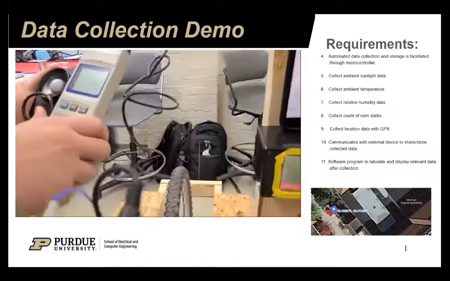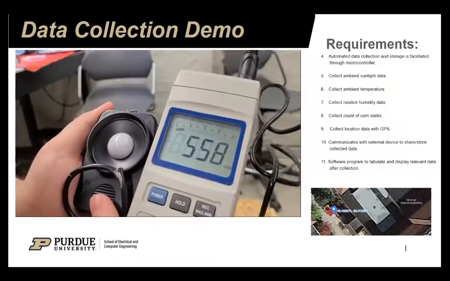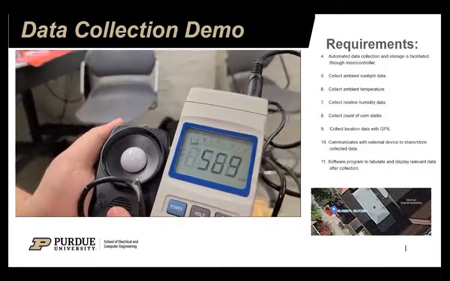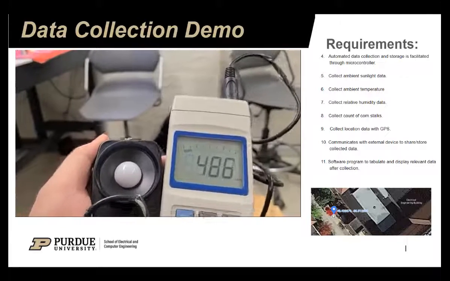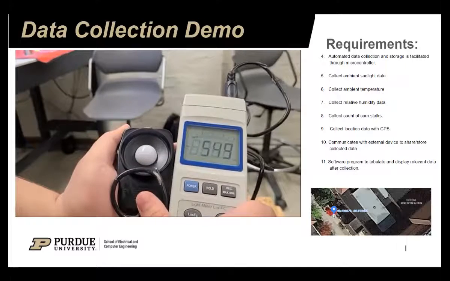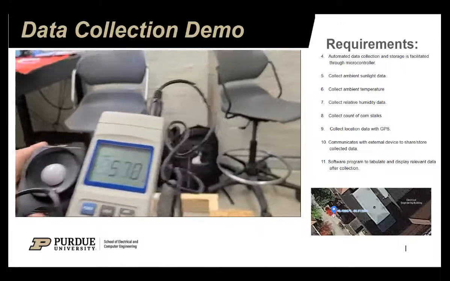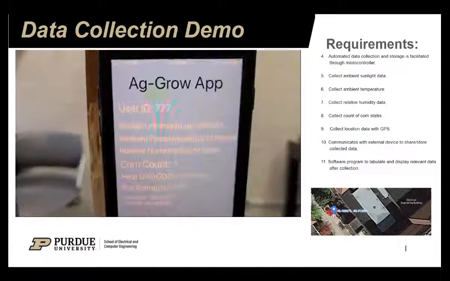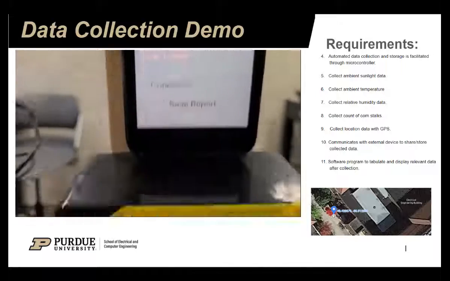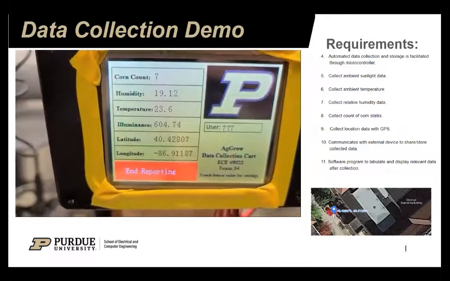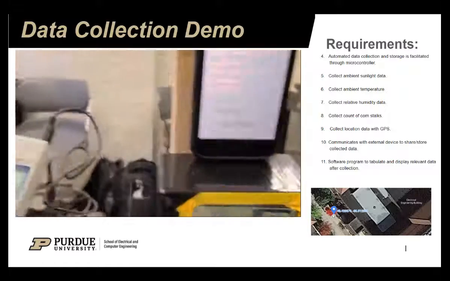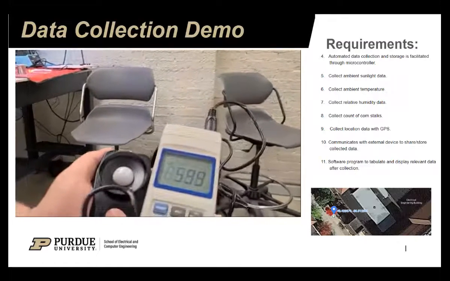And if we go over here, you can see that the ambient light intensity is also very close to the value of the red lux reported on the LCD screen, which reported 603 here, as well as 604 down here, as there's a slight delay in the data transmitted, but it is very real time.